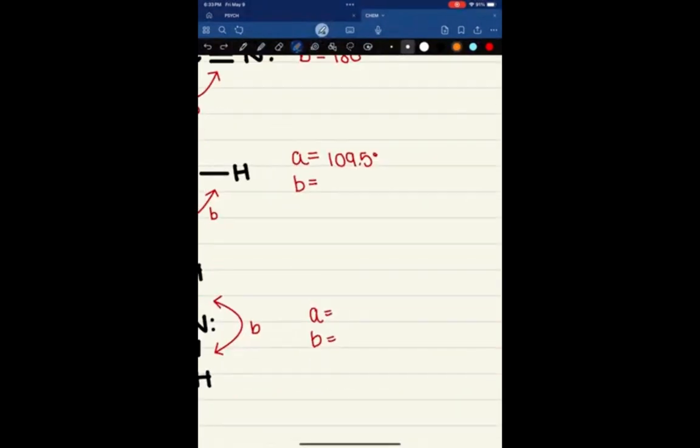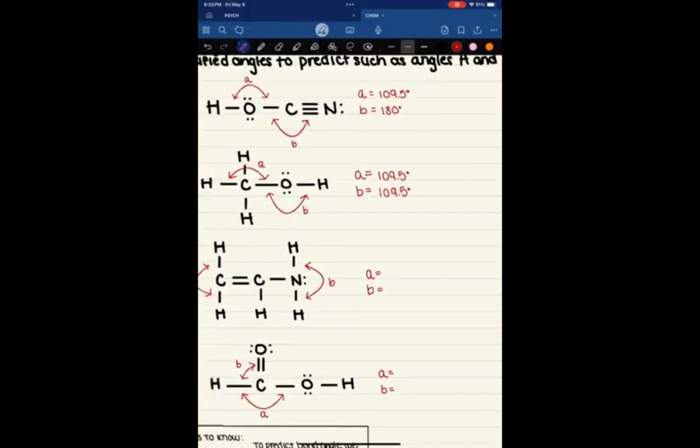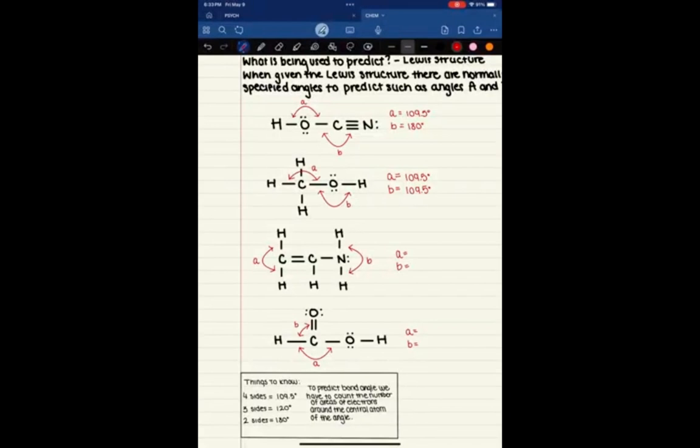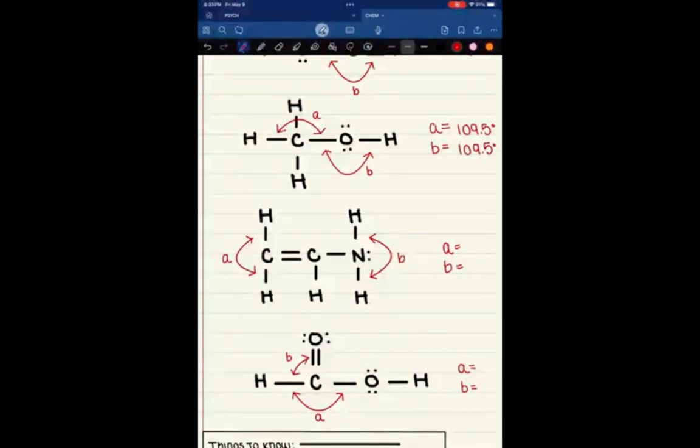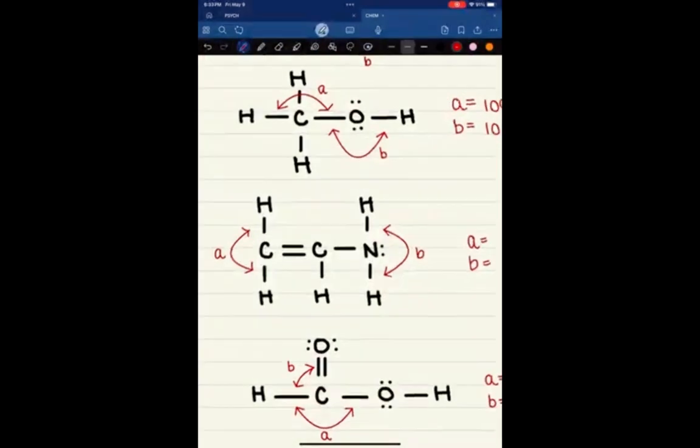So predicting the angle is going to be pretty easy as long as you remember that each angle, whether it's 4, 2, or 3 sides, will always be the same degrees. And you will never have to calculate anything.